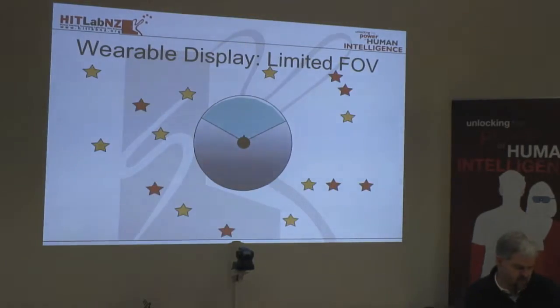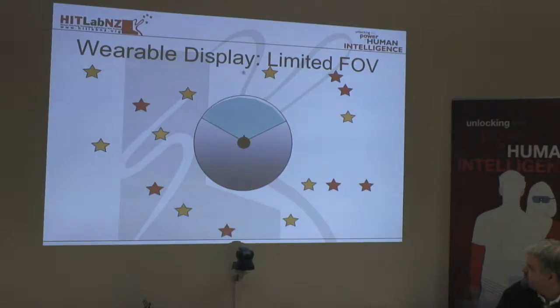With the Google Glass, you have quite a limited field of view, only 15 degrees. So there might be information that is outside your field of view. The question is, how do you then show where that information is? This is an example of that. This is a person, here's the person's nose, and you can see this is what the person can see.